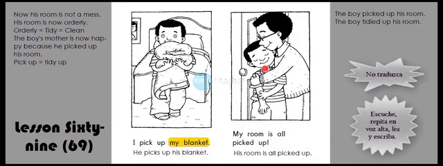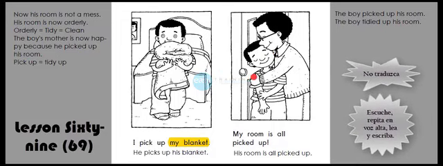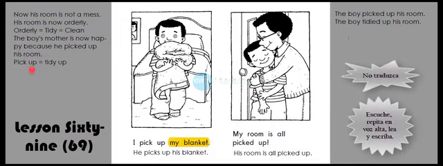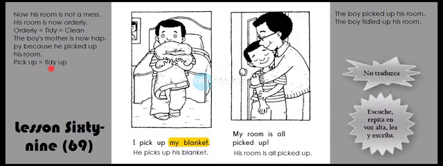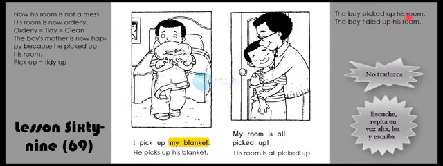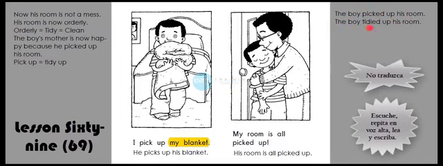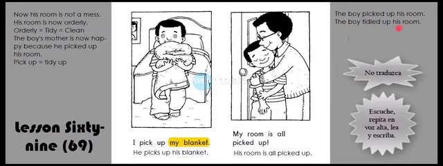The boy's mother is now happy because, la razón es, he picked up his room. Pick up, la acción que ha realizado el niño, es lo mismo que tidy up. Por eso aquí yo he escrito, the boy picked up his room. The boy tidied up his room. Right? Now let's move on to the activities.